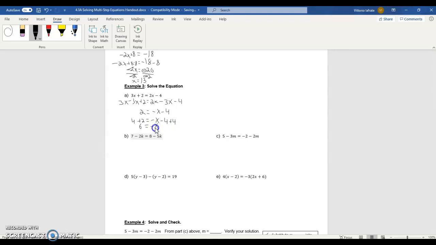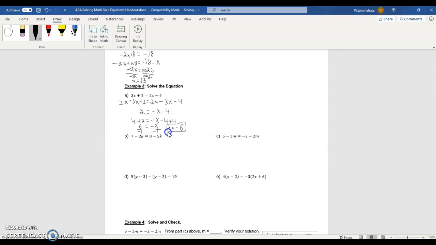Remember that we have minus x at this point. That means it's minus 1 times x. So I need to divide by minus 1 on both sides. And I get x is equal to negative 6. Because 6 divided by negative 1 is negative 6.